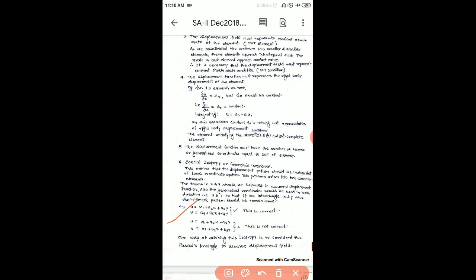What is shown here is not correct. What is the difference between them? We are going to use the polynomials in the generalized coordinate system only. One way of achieving this isotropy is to consider Pascal's triangle to assume the displacement field. These are the convergence criteria required to generate the shape functions.